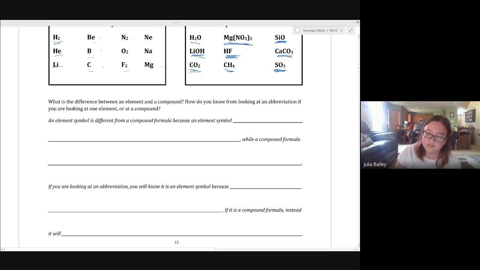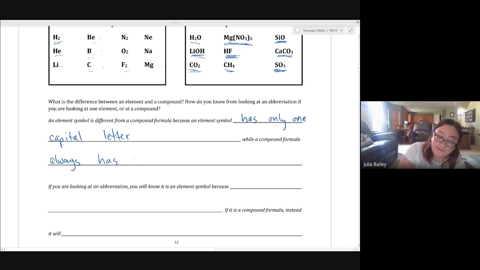Well, all of the element symbols are different from the compound formulas, because an element symbol has only one capital letter, while a compound formula always has two or more capital letters.